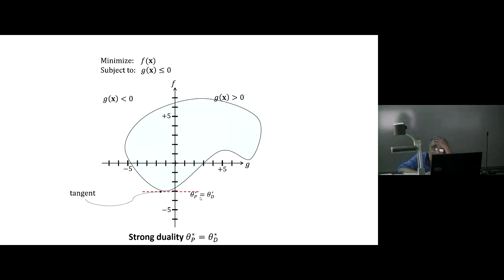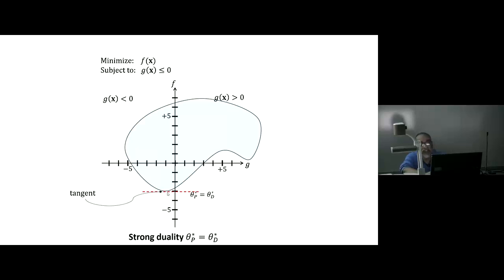So this is the limiting case where for theta d star, we have a horizontal line as the tangent. So lambda equals 0 here. That's a subtle point to note, but keep that in mind. Even if the first time around you don't grasp it, keep this in mind. Lambda equals 0 here.